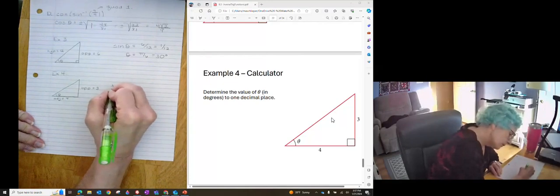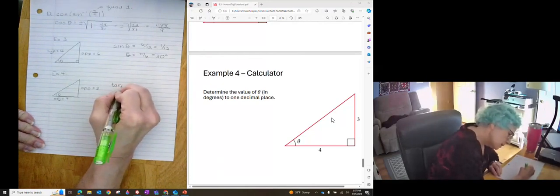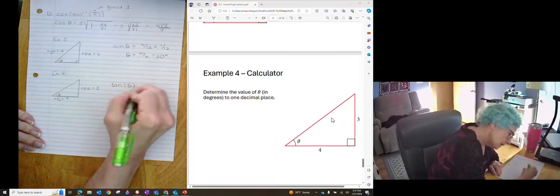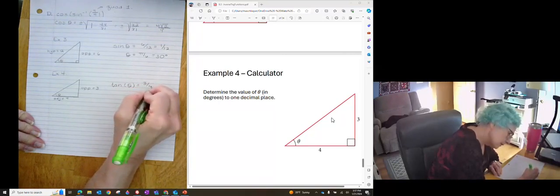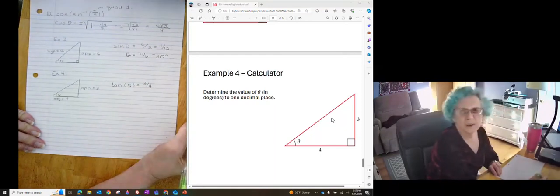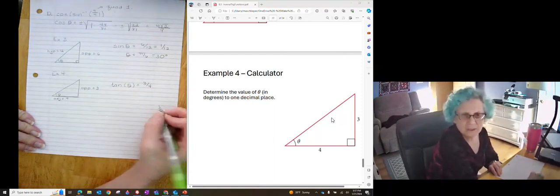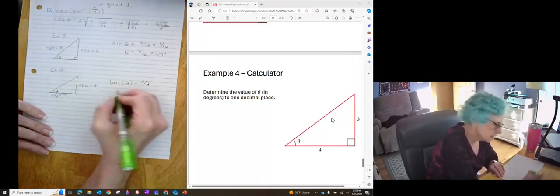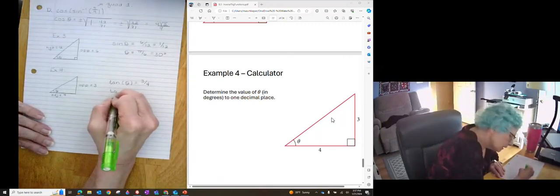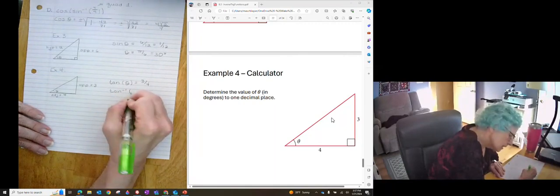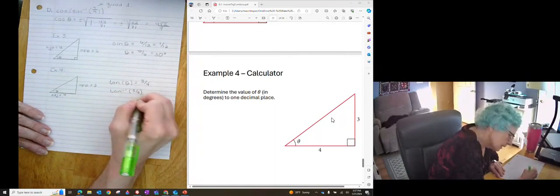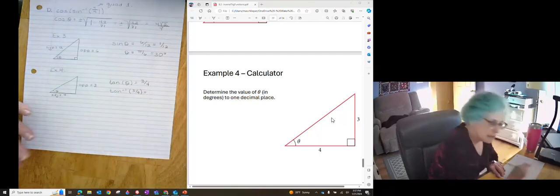So we have the tangent of theta is equal to 3 over 4. No, I'm wrong. We could easily figure out what the hypotenuse is, but we want the inverse tangent of 3/4 in degrees.